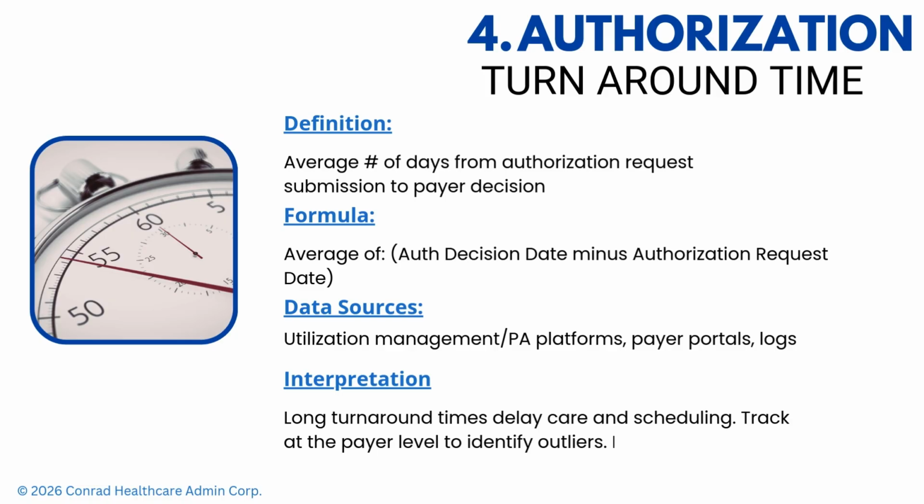The potential data sources are utilization management and prior authorization platforms, payer portals, and logs. Long turnaround times will delay medically necessary care, and they can also impact scheduling. Another thing that's worth noting is that there is legislation that is out there right now. I'm recording this in 2026, and we are moving towards payers having to publish their turnaround time publicly.